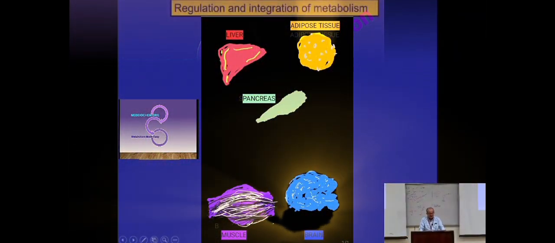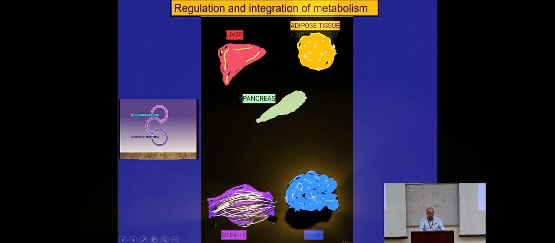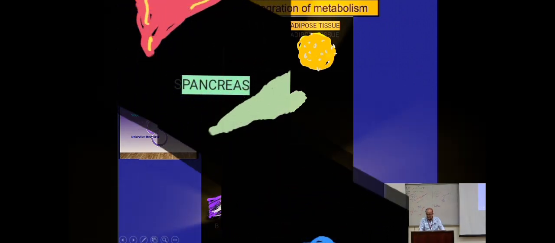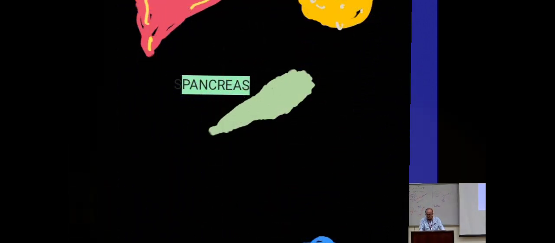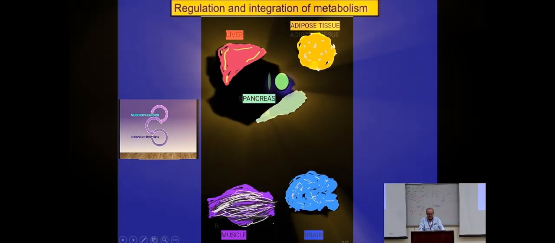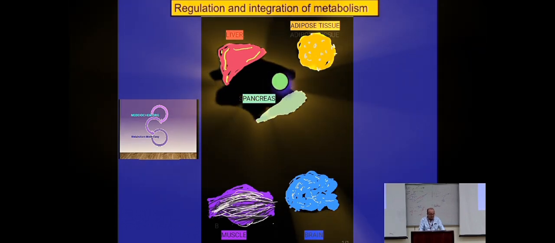The reason we focus on the pancreas is because it is the source of at least 3 important hormones. As you remember from signal transduction, most of our metabolism is dependent on the levels of various hormones in the bloodstream, whether you have high insulin or you have high glucagon.